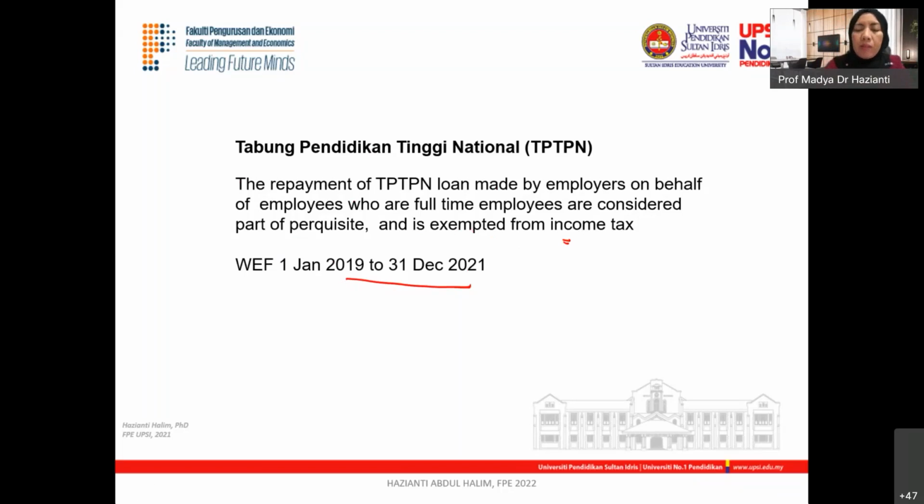So, dia tak bayar cukai based on this. But tadi kita nampak konsepnya ialah whatever the employer give to you as benefits, it is taxable, except yang ada exemption tadilah, travelling exemption 6,000. PTPTN ni exemption juga, dia kata exempted from tax, dia tak ada bagi amount pun.